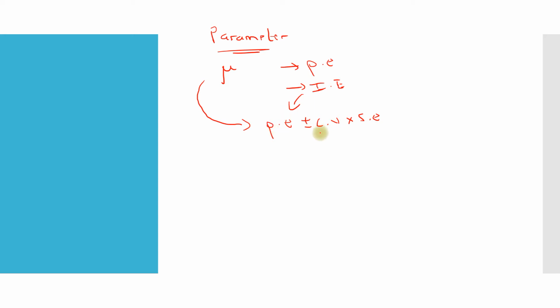And the critical value is based on a certain distribution, and that distribution is a distribution of the statistic that you use there. And the statistic, if it is x bar, you will need to know what is the distribution of x bar.